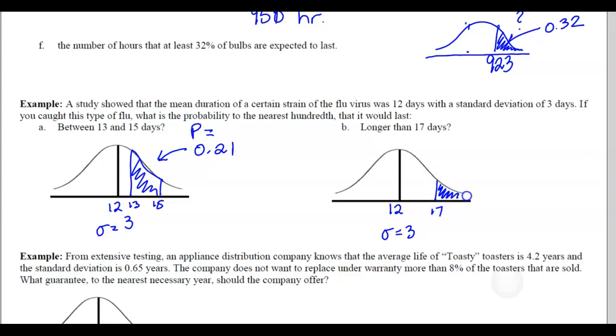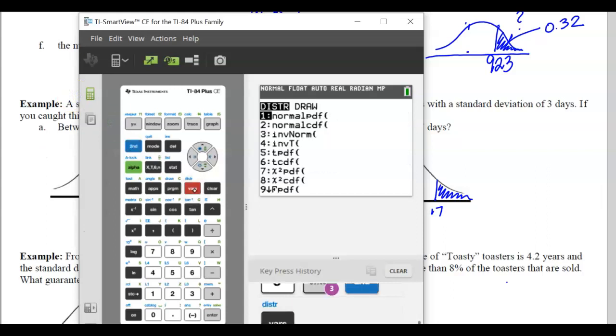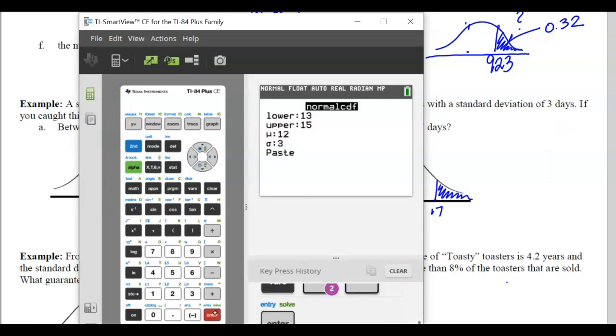And you're trying to find that area, so you're going from 17 to positive infinity, or in your calculator, 1 times 10 to the 99. So 17, and then 1 E 99.